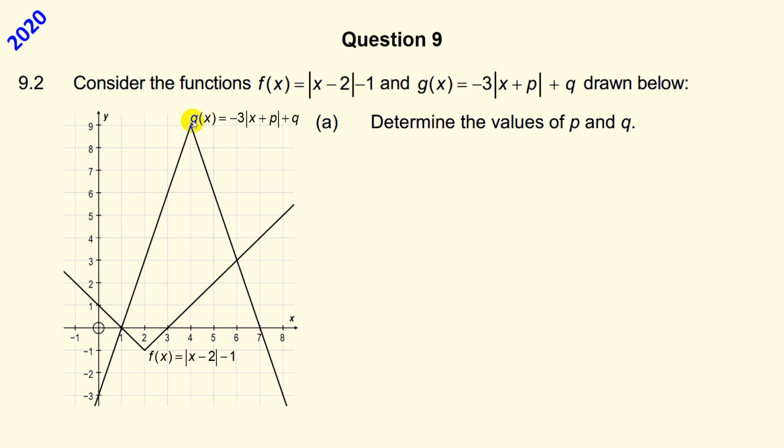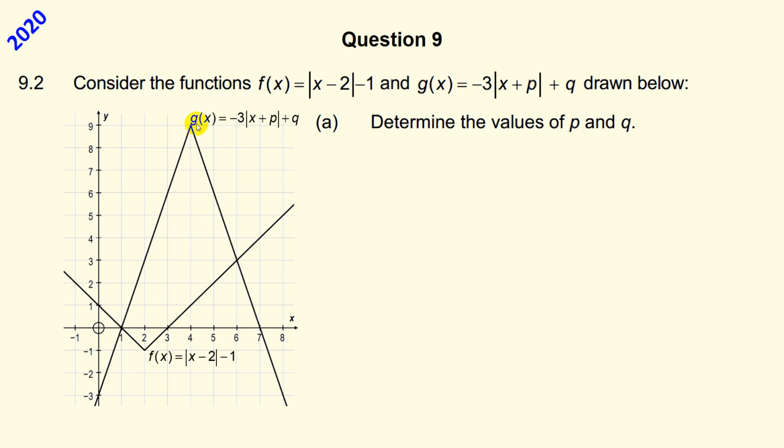Well, that is what we call the vertex point, the maximum value of this absolute value graph. And if you look at the way this is written, this is the same form as the completed square form for a quadratic or a parabola, where if this was brackets squared plus q, then the maximum or minimum would be q when x equals minus p.